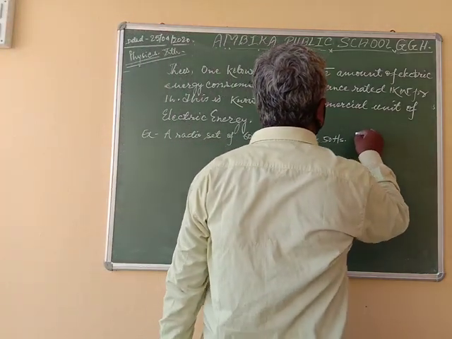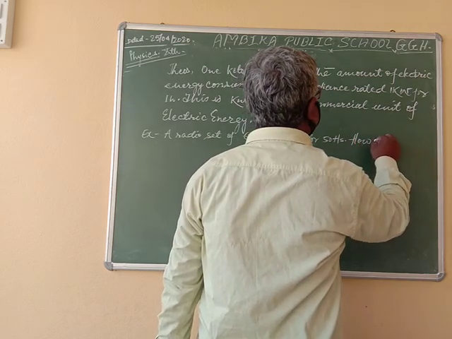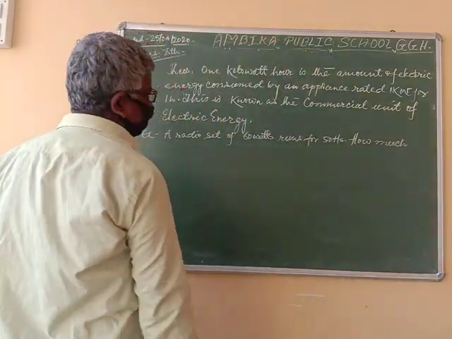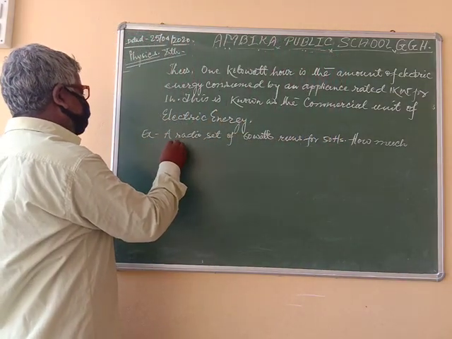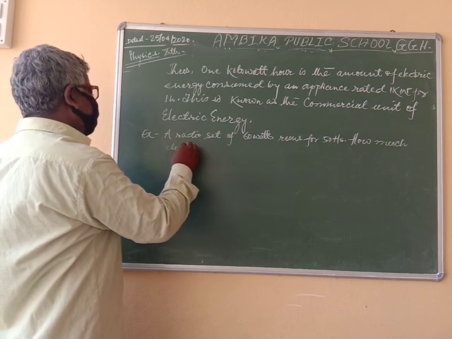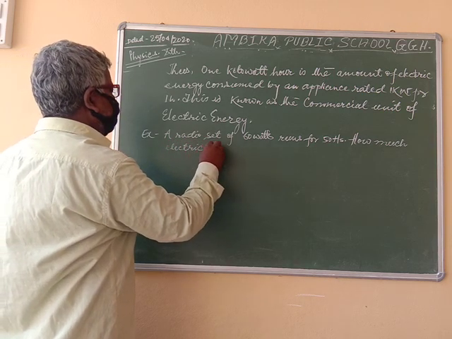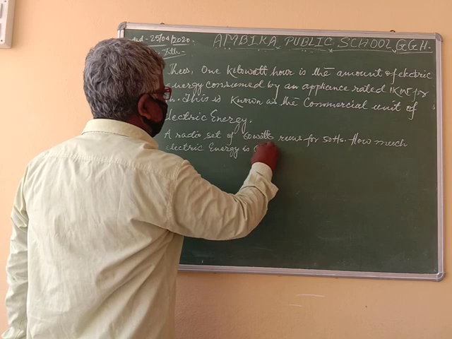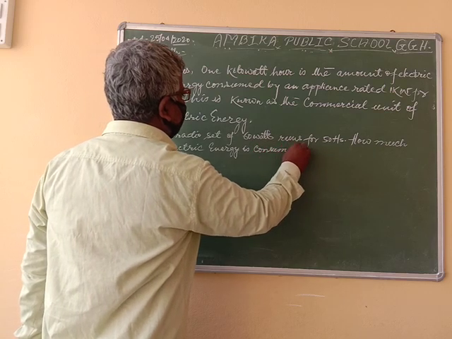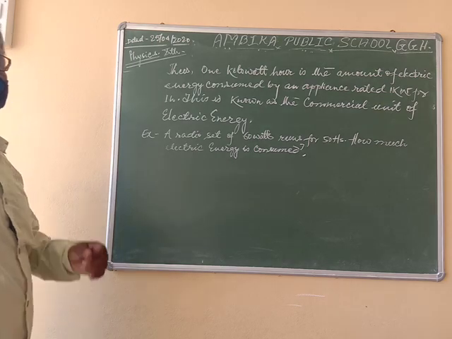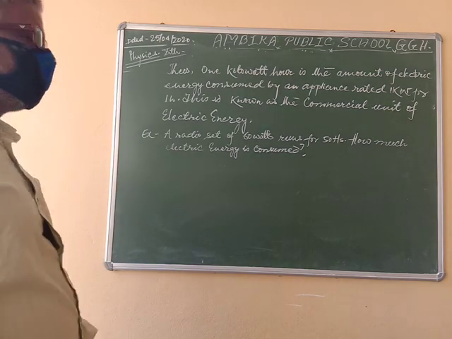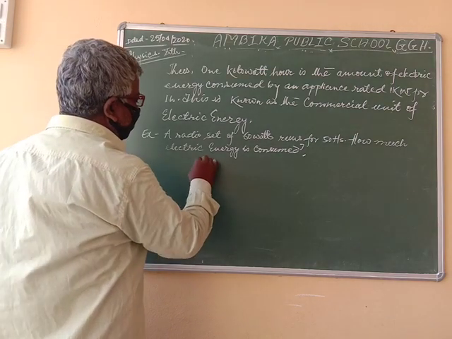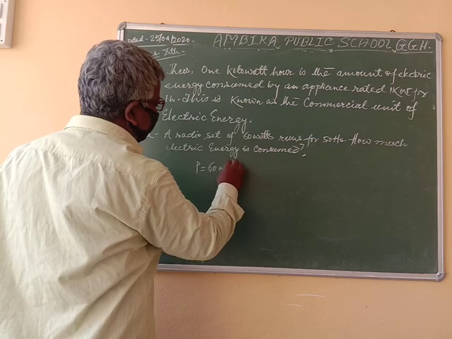How much electric energy is consumed? First of all, P is given as 60 watt.